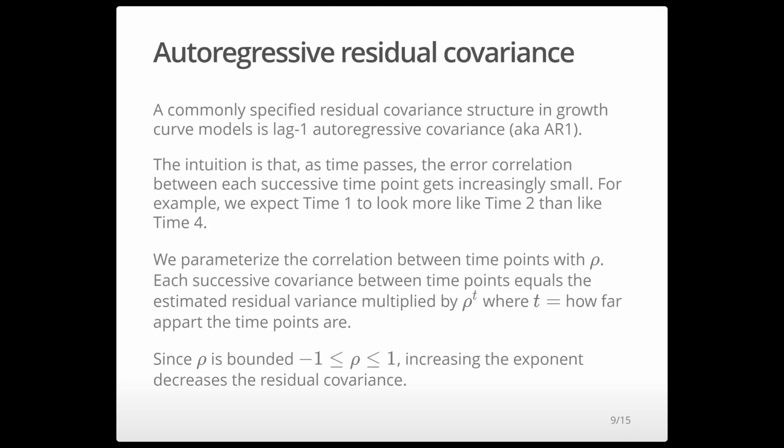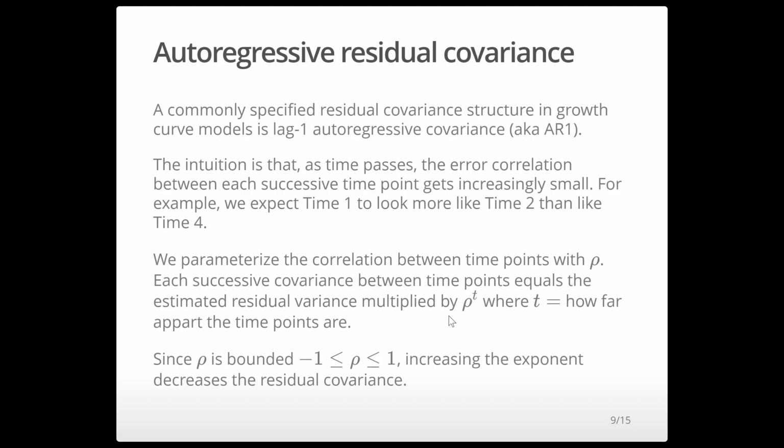We can parameterize this in the AR1 framework using a correlation between two time points, which is rho, typically the Greek letter you'll see parameterizing this. And then in AR1, we raise rho to the t power, where t is the number of time points apart the observations are, or the elements of the covariance matrix are.